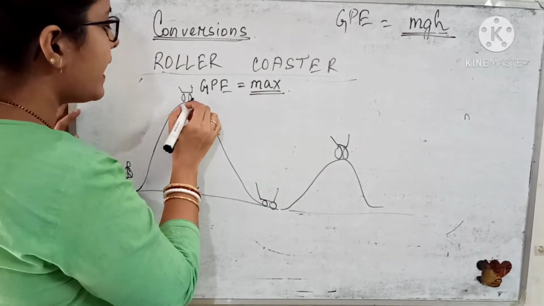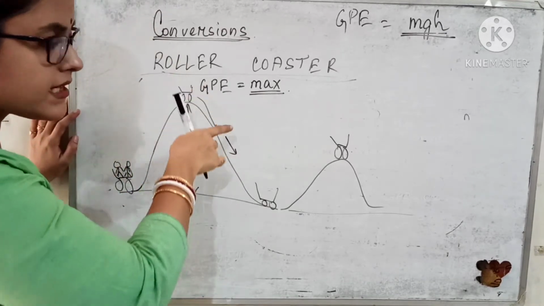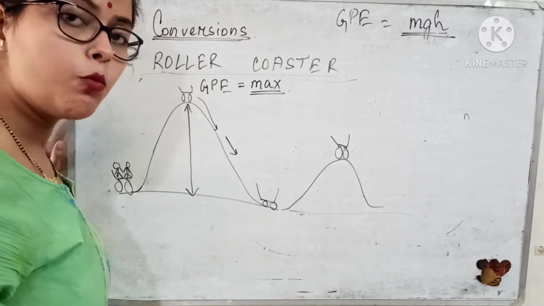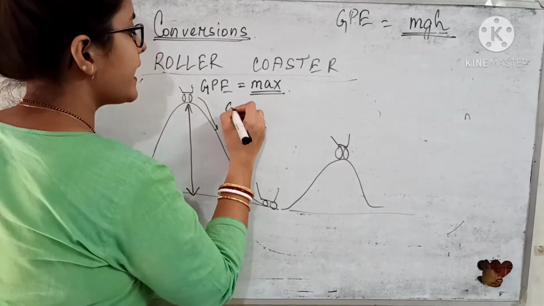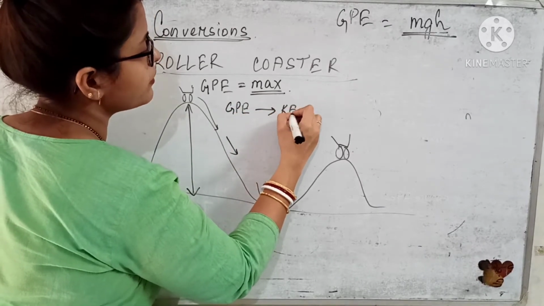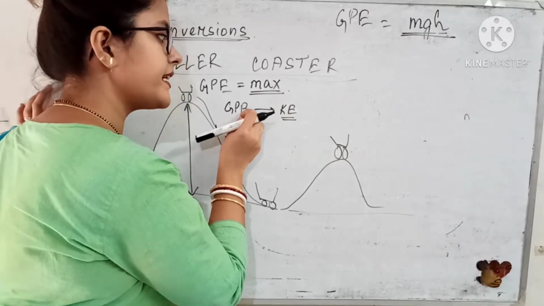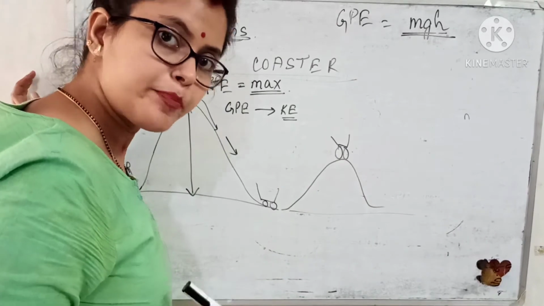Now when the cart starts moving, what happens? It starts gaining in speed. Now why will it start gaining in speed? Because the gravitational potential energy slowly gets converted into kinetic energy. And the more potential energy getting converted to kinetic energy, the more is the gain in the speed.